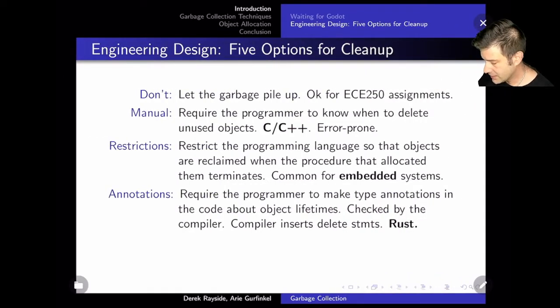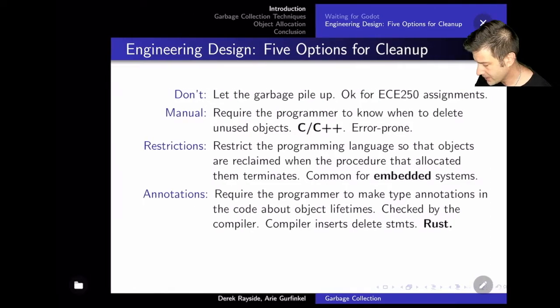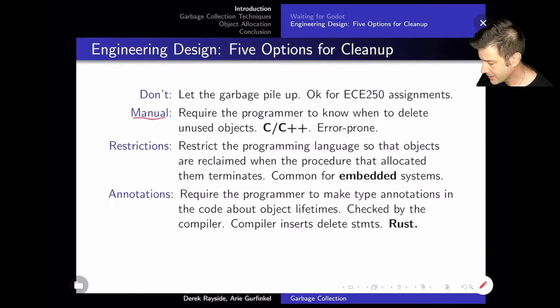Now, another choice, which is getting more and more popular now, especially in environments where performance is critical, where you want to have low-level memory management but you do want to avoid the completely manual and error-prone approach, is to somehow require the programmer to indicate clearly a lifetime of an object or an ownership of each object.